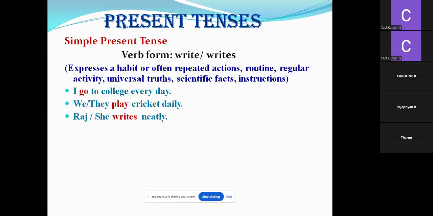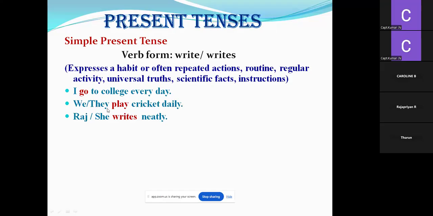See the examples. I go to college every day. Here, when I am using first person singular, I am using go. But when I say he, I will use goes. See the second example. They play cricket daily.